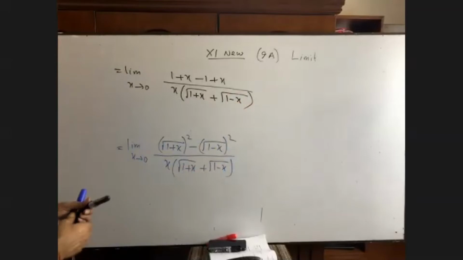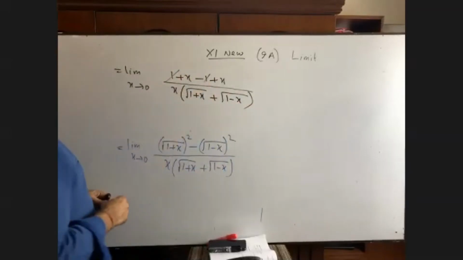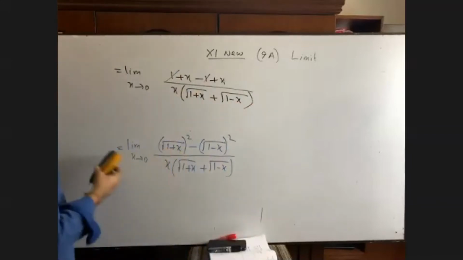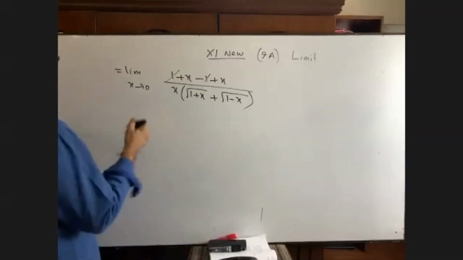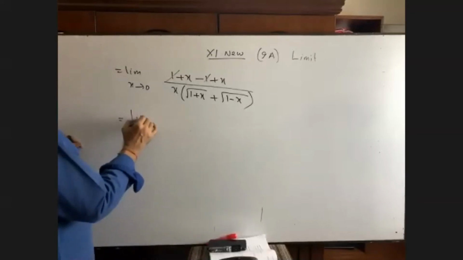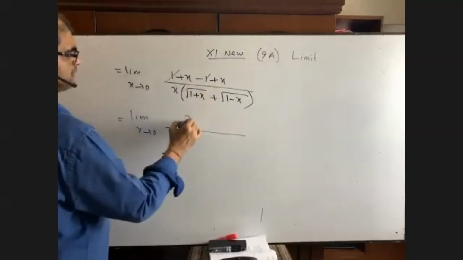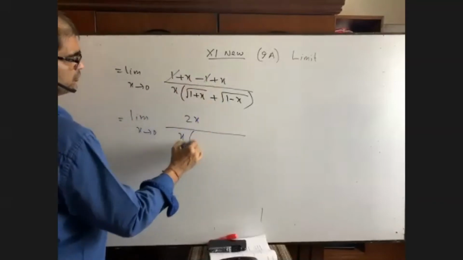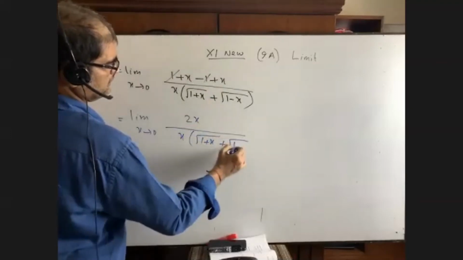Is it? So here 1 and 1 will be omitted. There will be twice x in the numerator. In the denominator we will have only x. That is limit x tends to 0, twice x over x times root over 1 plus x plus root over 1 minus x.